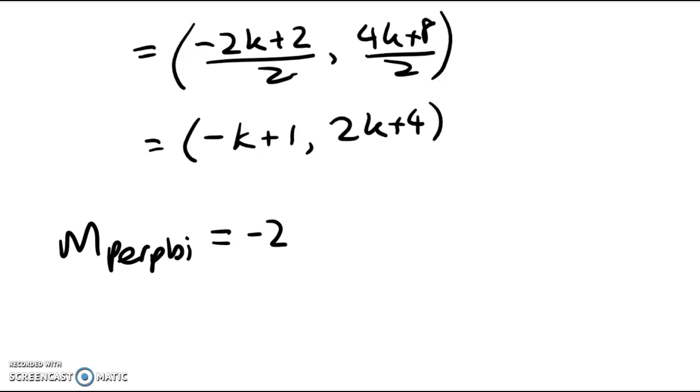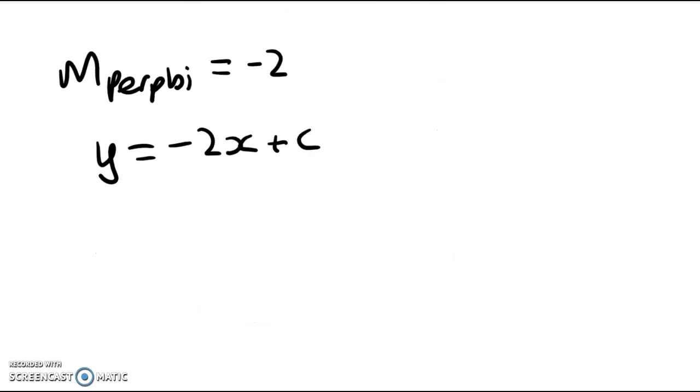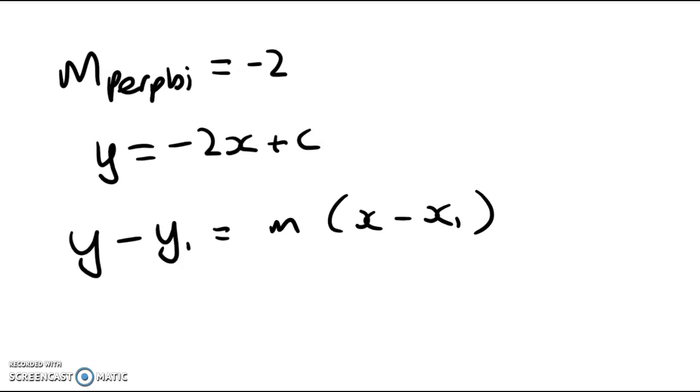Couple of ways to do this. You could do it as y = -2x + c, but I think it's probably easier here. Well, I've done it here by going y - y1 = m(x - x1).